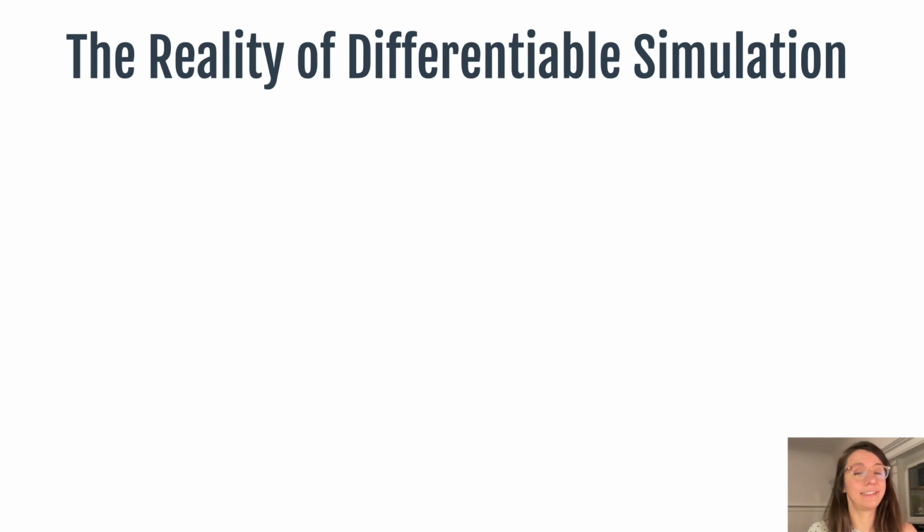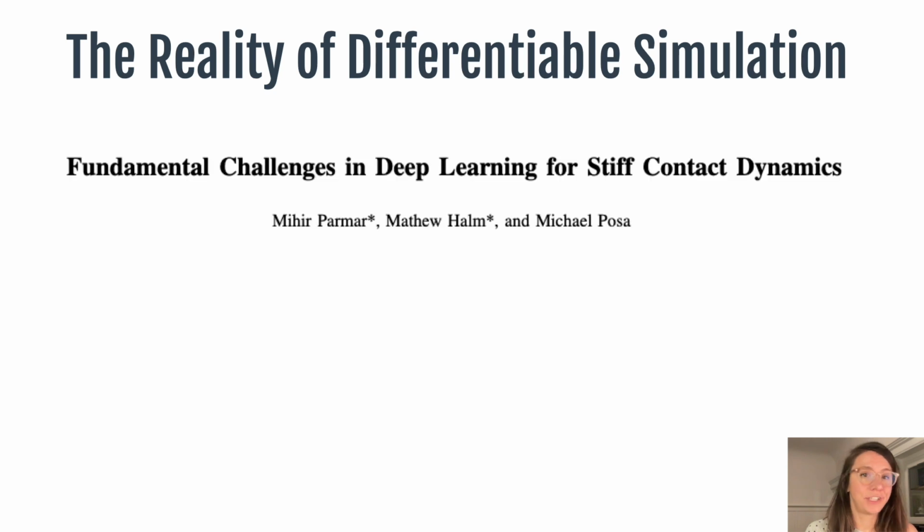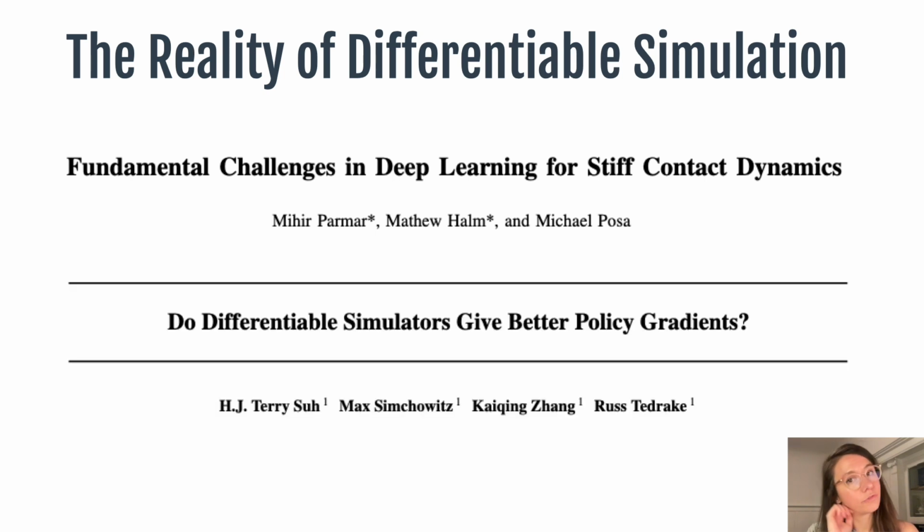However, the reality doesn't look so rosy, unfortunately. There are fundamental challenges, for example, for stiff contact dynamics, especially for rigid objects, that have been thoroughly analyzed in these two papers.